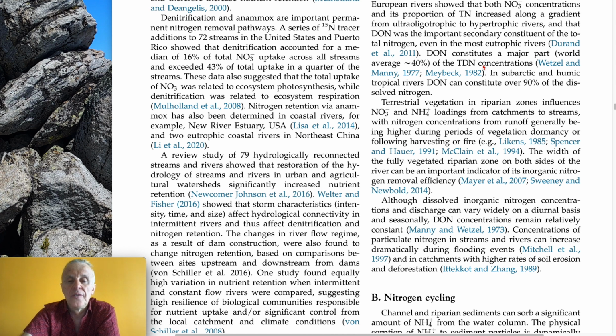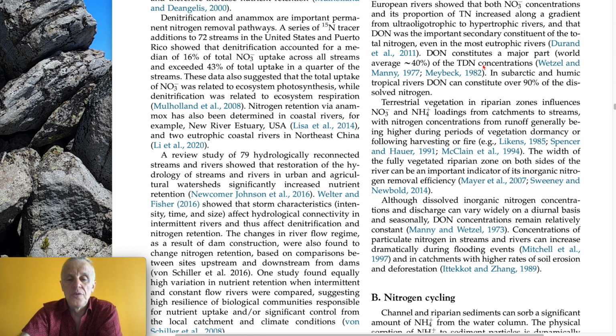A series of nitrogen-15 tracer additions to 72 streams in the United States and Puerto Rico showed that denitrification accounted for a median of 16% of total nitrate uptake across all streams, and exceeded 43% of total uptake in a quarter of the streams.